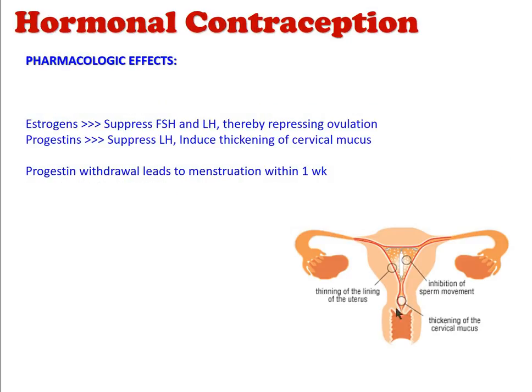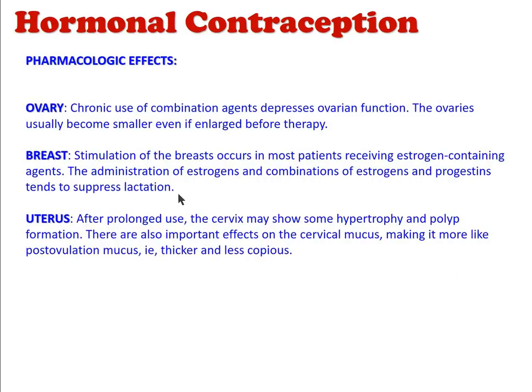As I told you, thickening of the cervical mucus happens following progesterone therapy. So make sure that you remember which one is increased, which one is decreased. Ovary: it depresses the ovarian function. Breast: stimulates breast function, suppresses lactation, and then there is an increase or hypertrophy in the uterus or polyp formation. If you remember this, that should be fine.